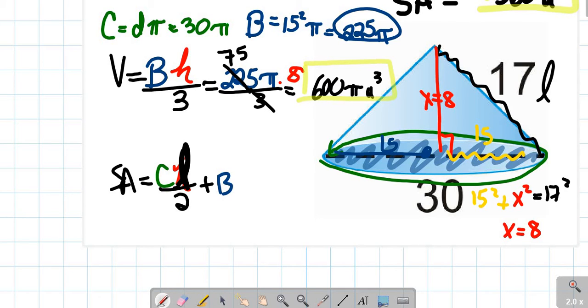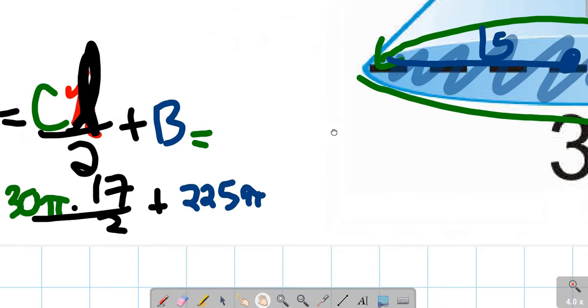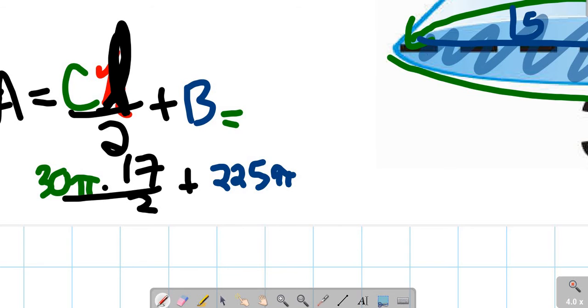For our surface area, we're going to do circumference, which is 30 pi, times the slant height, which is 17, over 2 plus 1 base, which is 225 pi. Let me get closer here. 2 goes into 30 15 times, so I'm going to do 15 times 17.